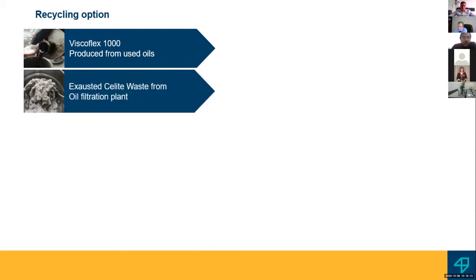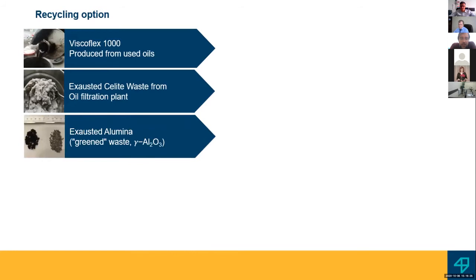Then another waste derived from the plant treatments of the exhausted oils is this selite waste, which is a diatomaceous earth, and is used to filtrate and refine oils.